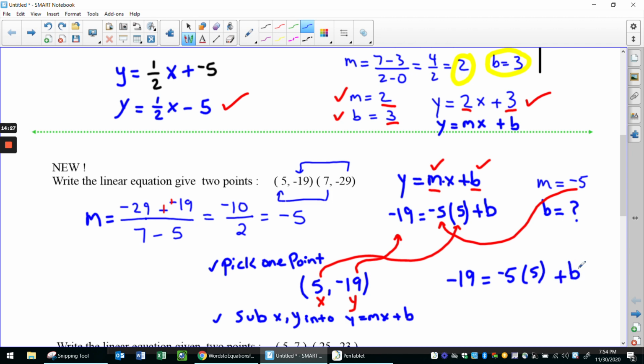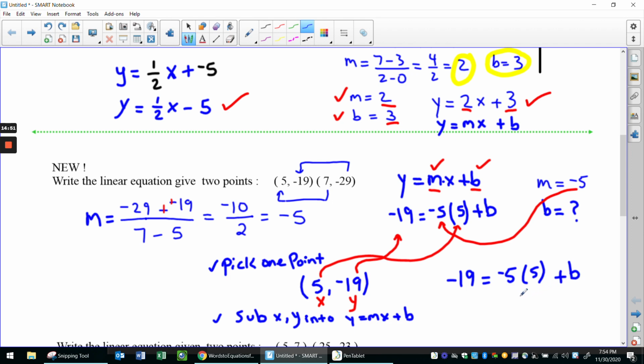The b is what I need to solve for. And as you can see, when you have an equation, to solve for a variable, all the other variables need to have a number instead of it. And we do. That's the whole purpose of this. We have substituted a number in for the y, the slope, and the x in order to solve for b.